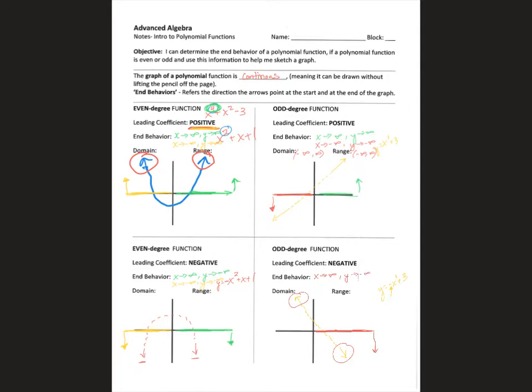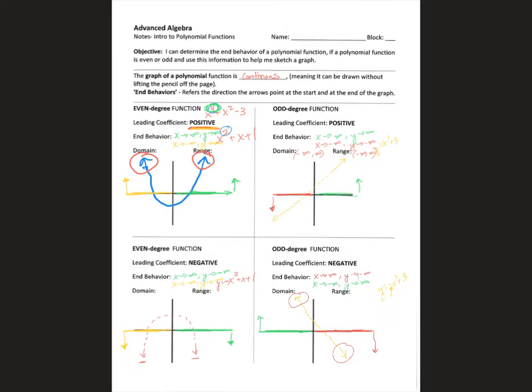Okay? And as x gets farther and farther to the left, or farther and farther negative, what's happening to my y value? It's getting bigger and bigger and bigger. So as x approaches negative infinity, my y value is approaching positive infinity, okay?